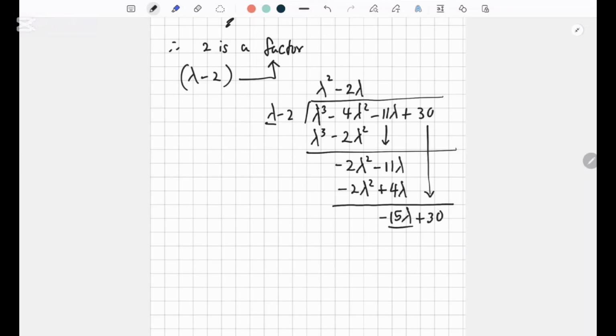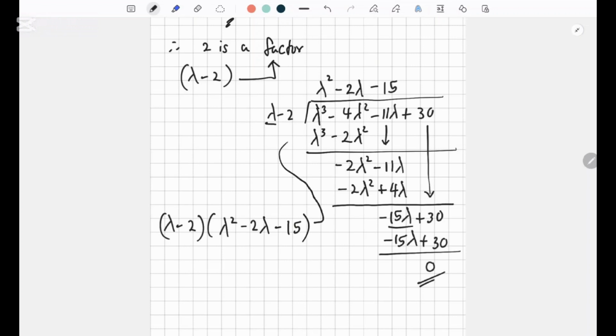Now we divide minus 15 lambda by lambda, which is minus 15. So it's minus 15 into lambda, which is minus 15 lambda. And minus 15 into minus 2 is plus 30. So you can see 30 minus 30 is 0. See, the remainder is 0, perfectly divided. So lambda minus 2 into lambda squared minus 2 lambda minus 15 will give you this polynomial. Okay?